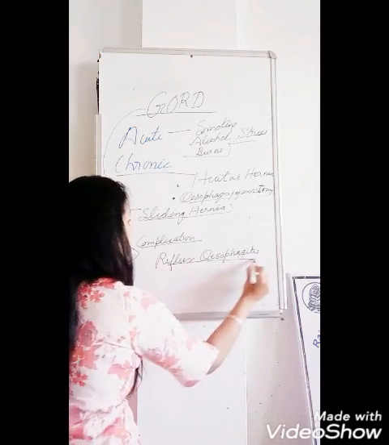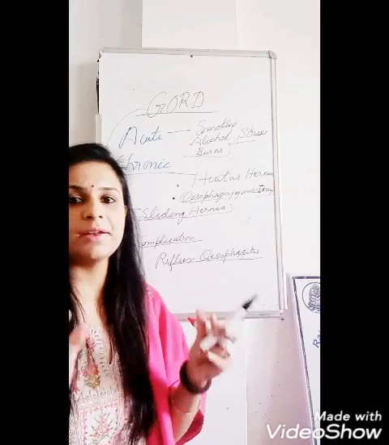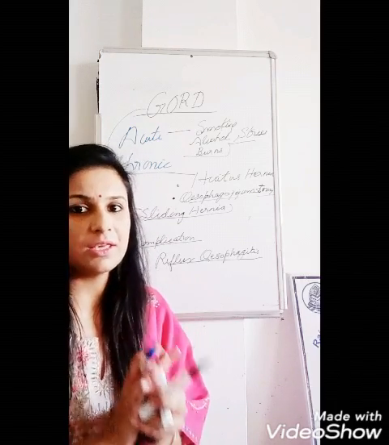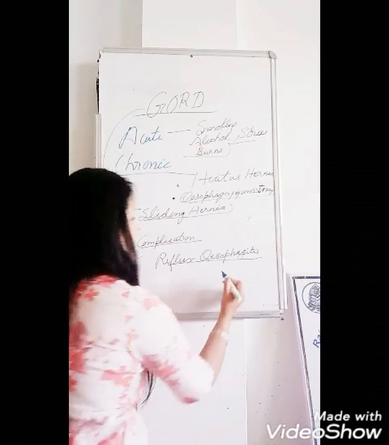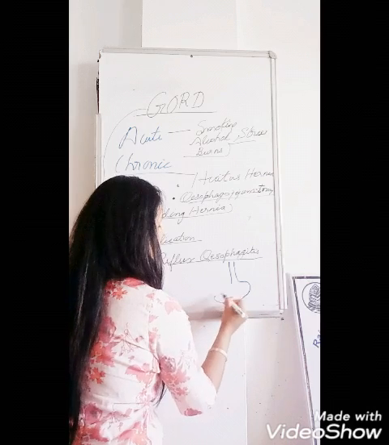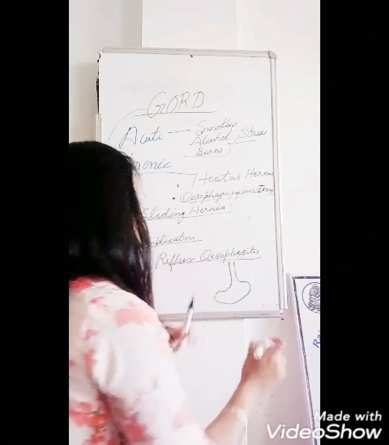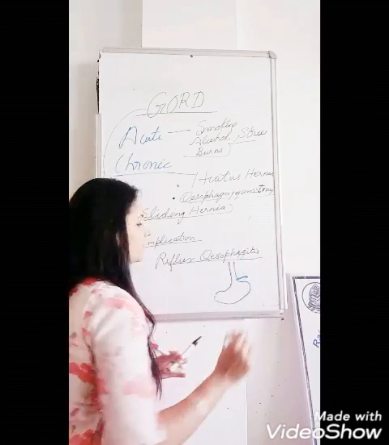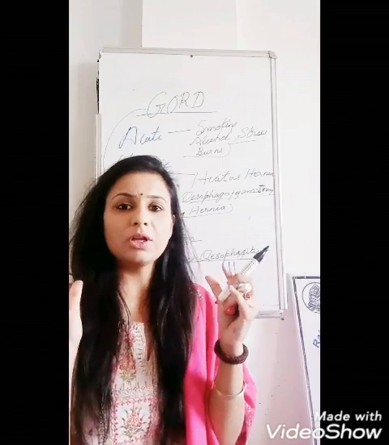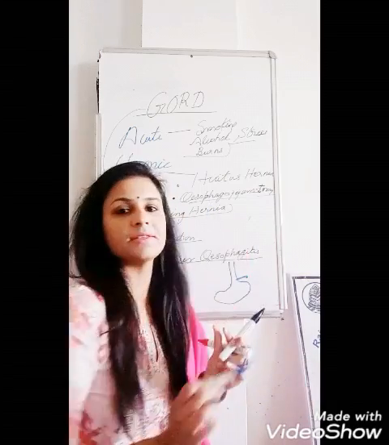Now reflux esophagitis is a condition where there is extensive inflammation of the lower end of the esophagus. So this is the esophagus, and that's how the stomach, I'm just making a rough diagram. So at the lower end of the esophagus, there is extensive inflammation. Why? Because the loss of competence of the lower esophageal junction has occurred.